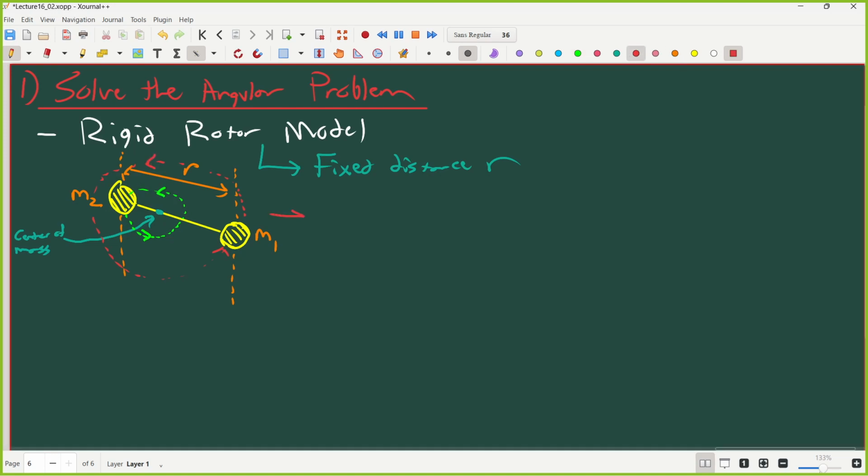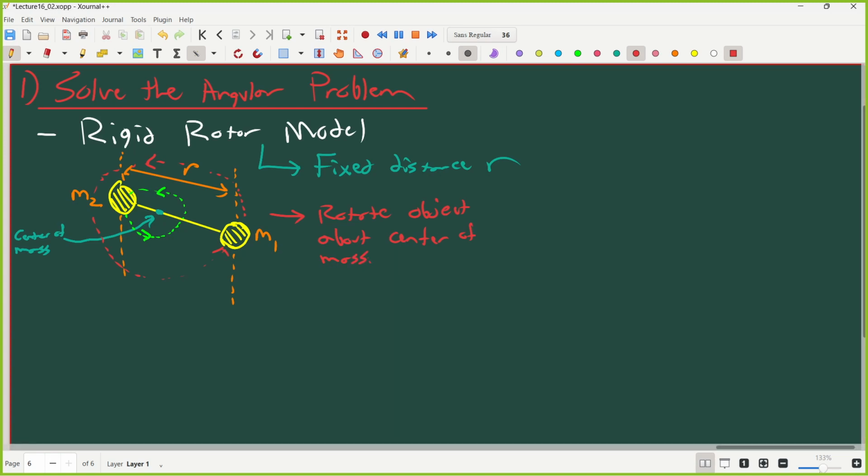So we're going to rotate the object about the center of mass. You can think of this as a diatomic molecule. You can also think of it as a proton and electron. It doesn't matter, however you want to think about it.